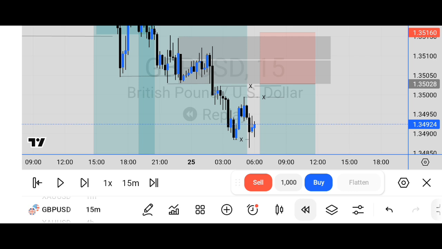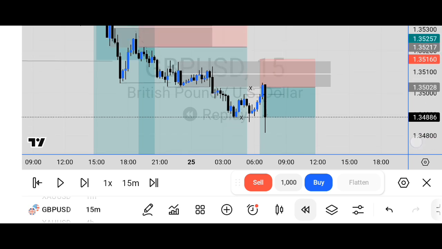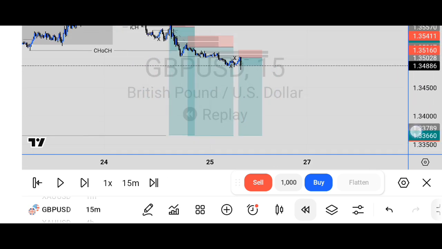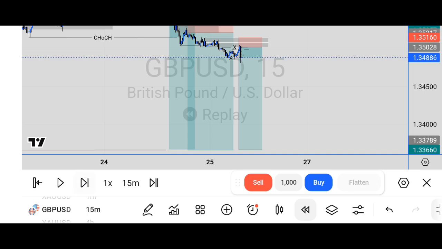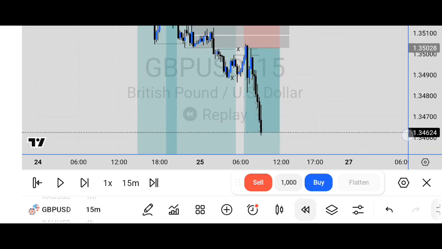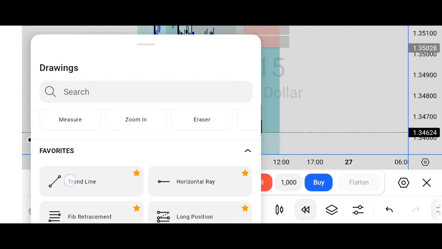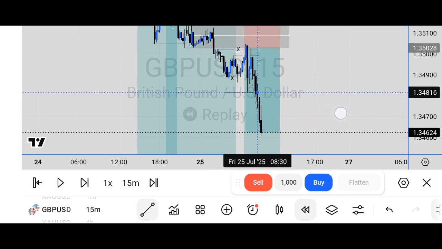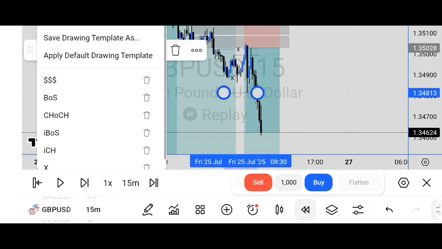So now let's play price forward and see what happens. As you can see, price tapped into our order flow and swiftly dropped lower. So now let's play price forward and see what happens again. Since price dropped and took out this one right here, we have a break of structure right here.